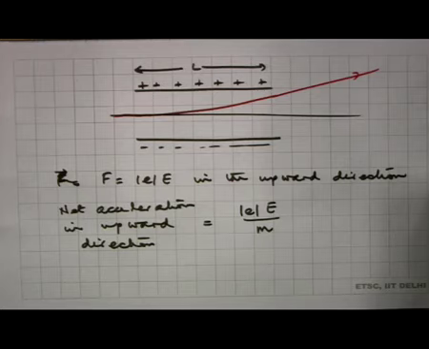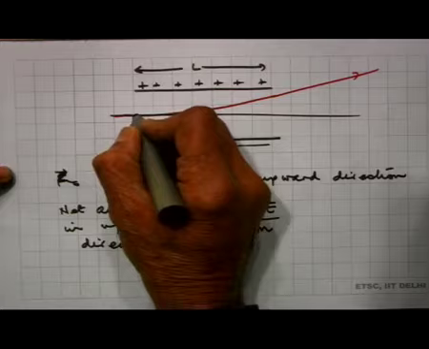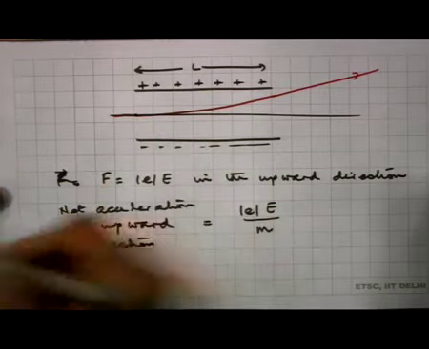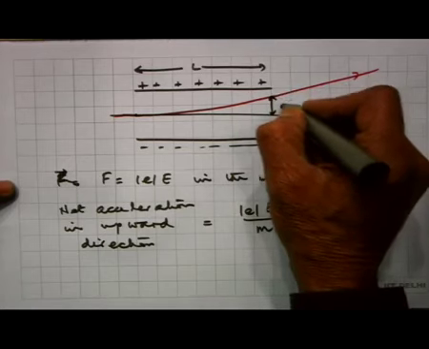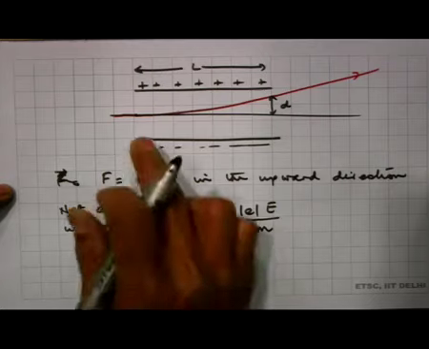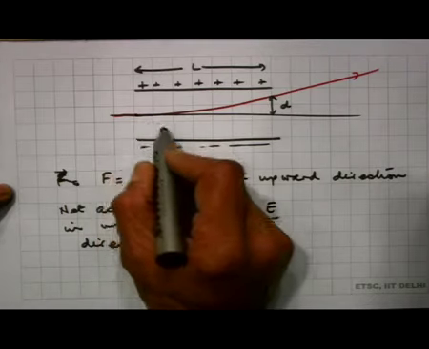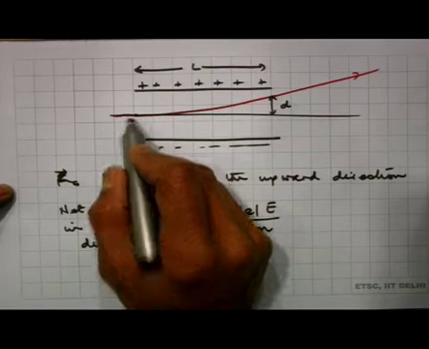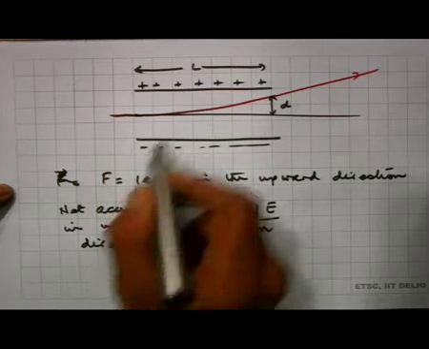Remember, the particle had 0 velocity in the upward direction and it moves like this. Let me call this displacement d. So, what is the displacement? This is a particle with upward acceleration and the initial velocity in the upward direction is 0, so you can calculate the displacement.